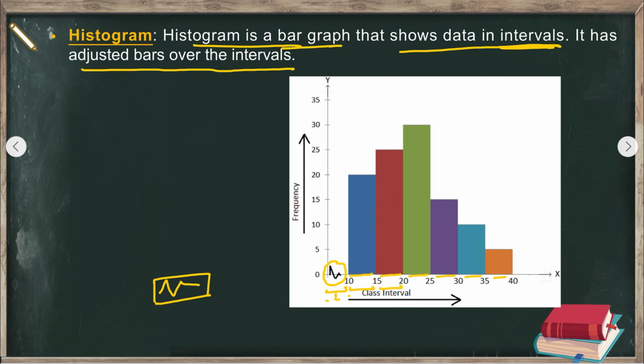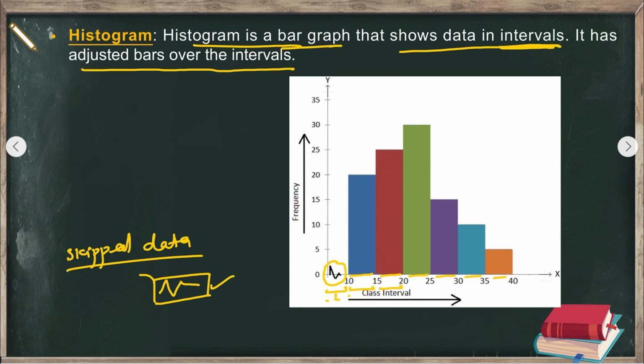So to represent that we use this wavy line or break line to represent the skipped data. As you can see, we have skipped the data from 0 to 5 and 5 to 10, so we mark this line to show that.